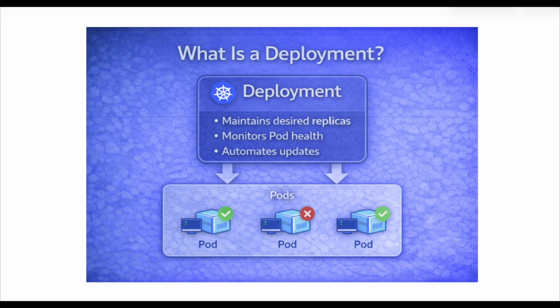For example, I want 2 pods running this application. From that point on, Kubernetes takes care of everything. So, pods run containers, deployments manage pods. Deployments make sure the required number of pods is always running. This is why deployments are used in real systems.